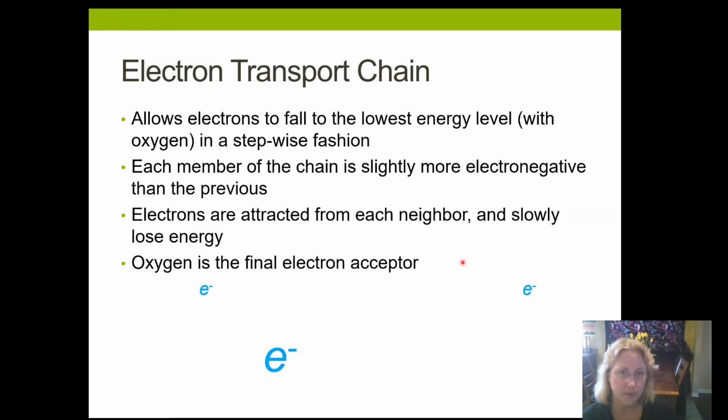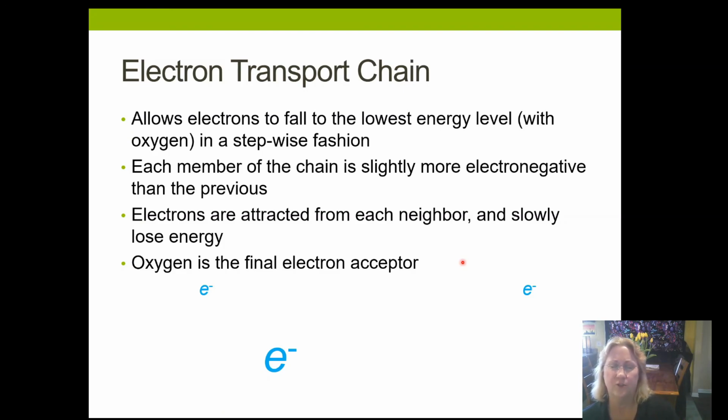The electron transport chain in our mitochondria is the only thing in our bodies that uses oxygen. And this is in fact what fails when you die from lack of oxygen. It's the electron transport chain in your mitochondria that is not drawing those electrons down the electron transport chain. The amount of ATP being synthesized by your cells drops off dramatically, and that's what does you in from lack of oxygen.